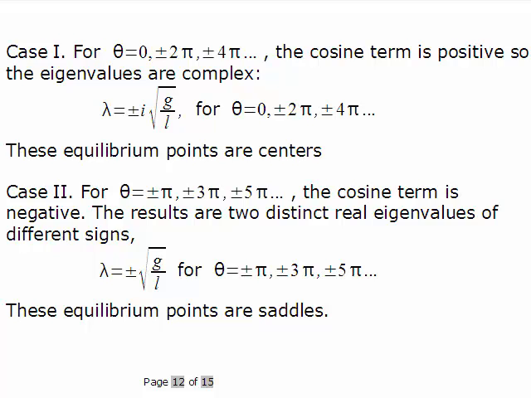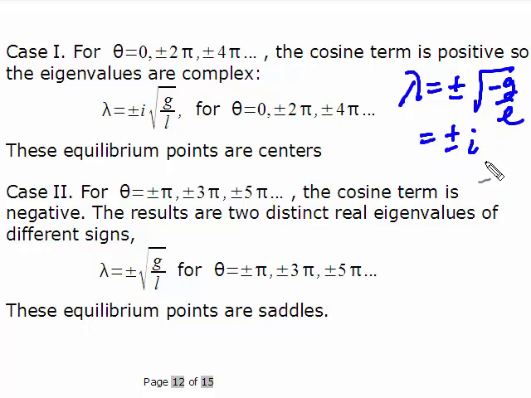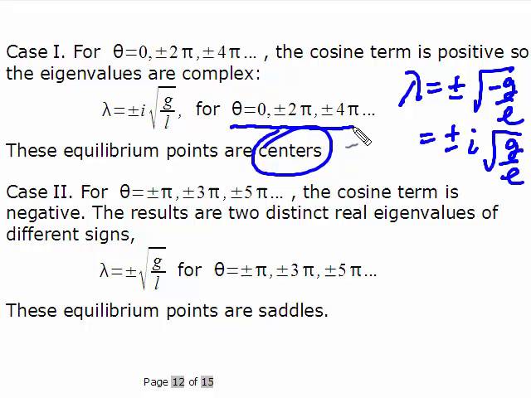The cosine term will be positive, plus 1, so this is plus or minus i root g over L, and this will be a center at these values of theta. For the other case, cosine is negative 1, so this becomes plus or minus the square root of g over L. One's positive, one's negative, and that gives you two distinct real eigenvalues, so this result is going to be a saddle.